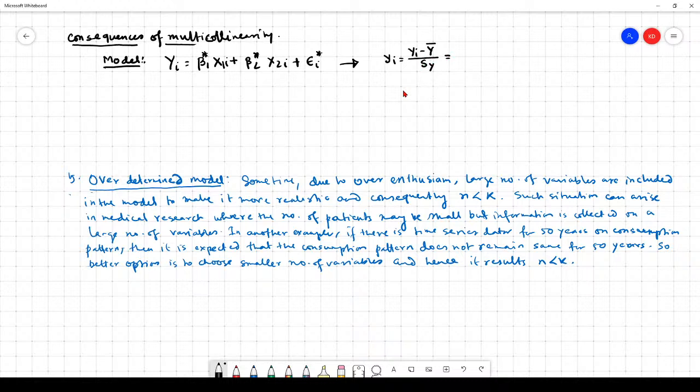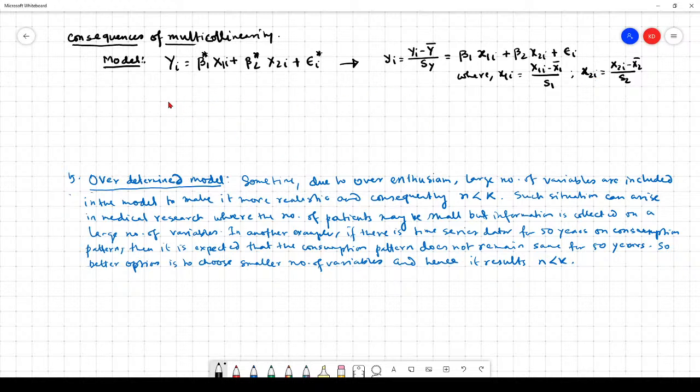Then this is beta 1, which is not the same as beta 1 star, times small x1i plus beta 2 x2i plus epsilon i, where x1i is capital X1i minus x1 bar divided by small s1, the sample SD of x1, and x2i is capital X2i minus x2 bar divided by small s2, the sample SD of x2.